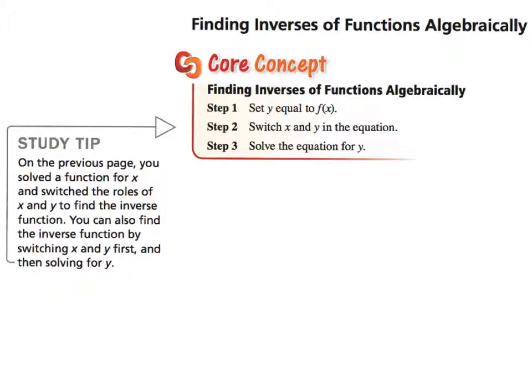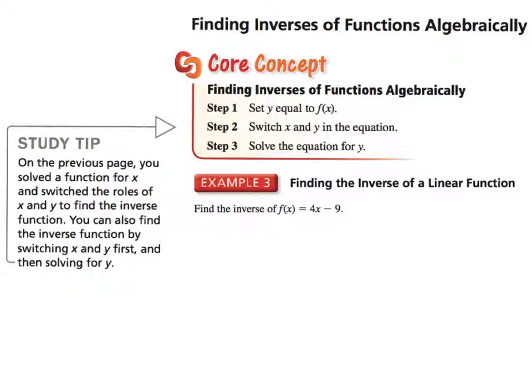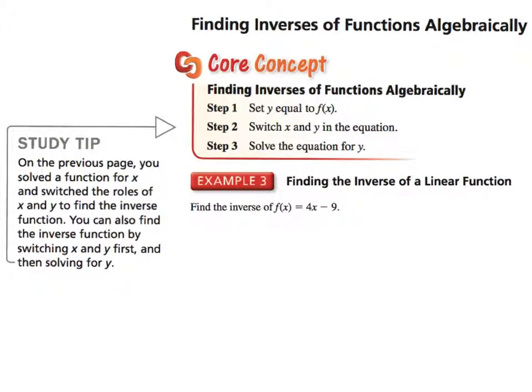In example 3, you want to find the inverse of f of x equals 4x minus 9. Step 1, you're going to set y equal to f of x. So y equals 4x minus 9.